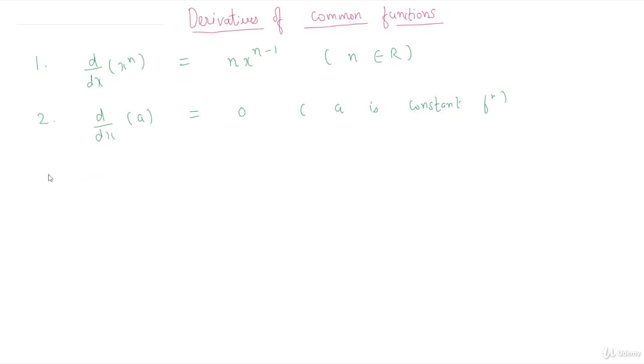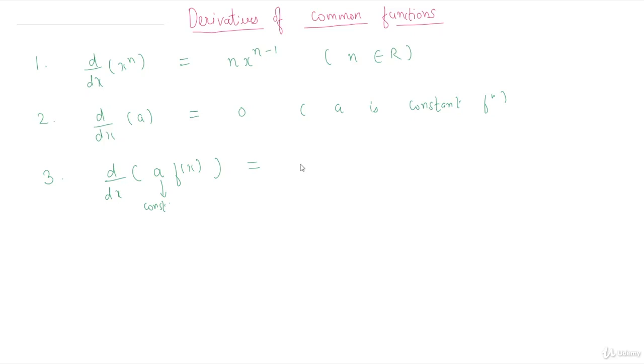Now the third one is the multiplication of the above two functions. That is d by dx of a multiplied by any function, where a is the constant and f(x) is any function dependent on variable x. So now we can take the constant out of the differentiation.